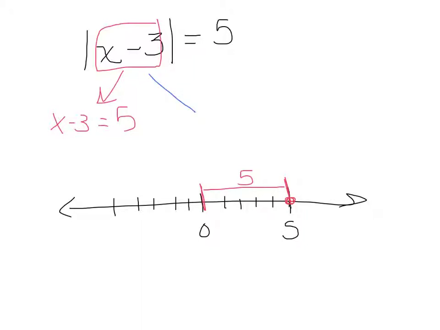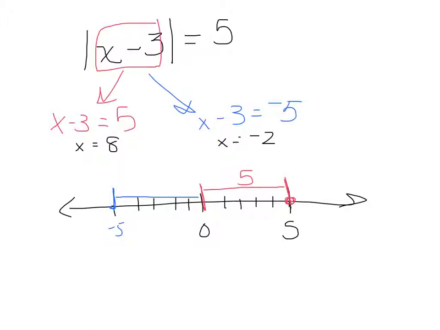Or I can also say that the x minus 3 will equal -5, since -5 is also 5 spaces away from 0. So if I go through and solve it, I add 3 to both sides, x can equal +8, or x could equal -2.